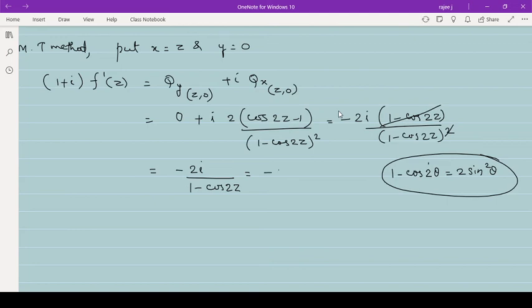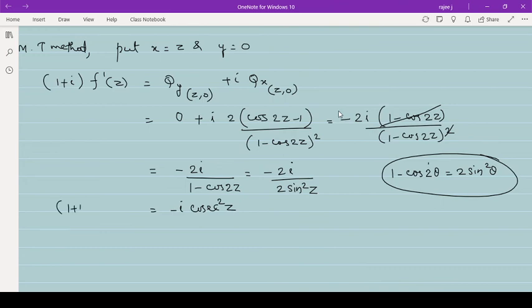So this is minus 2i divided by, the denominator is 2 sine square z. So 2 cancels, then this is 1 by sine square, and 1 by sine square is cosec square. So minus i cosec square z.